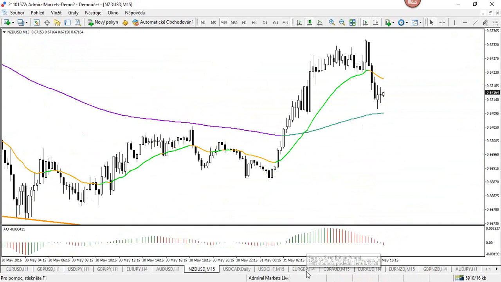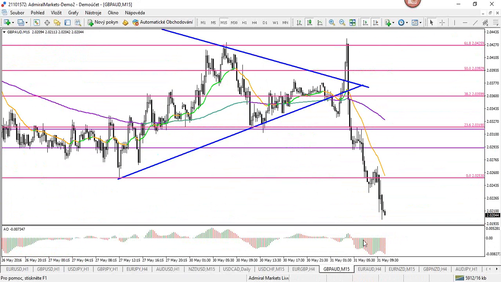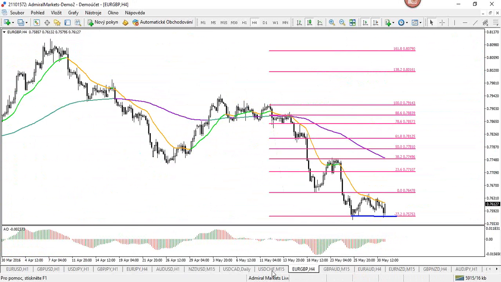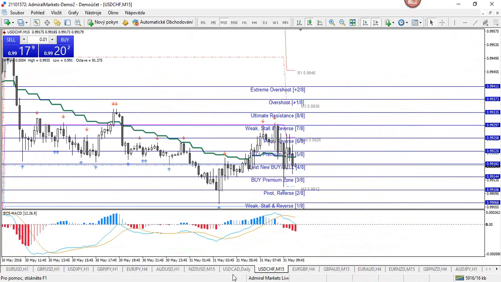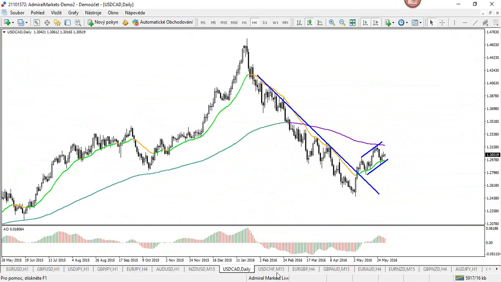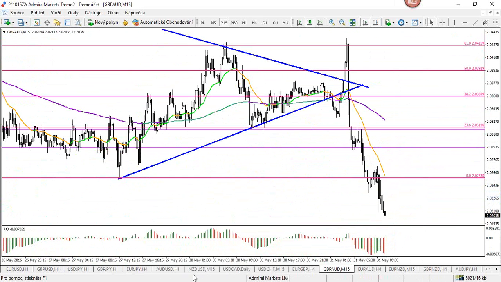And from that point of view, many of these pairs are reversal setups or just waiting for new structures. The same is true for Euro Pound and Dollar CAD. So besides the majors, maybe the Pound odd, I'm not really keen on any other pairs at this point, except those reversals on the Pound, and the majors. That's basically the summary at this point.